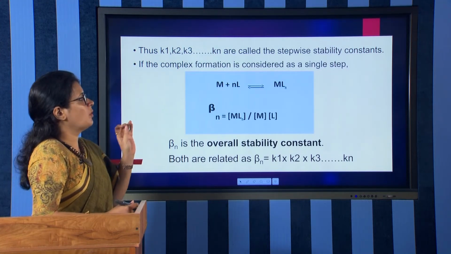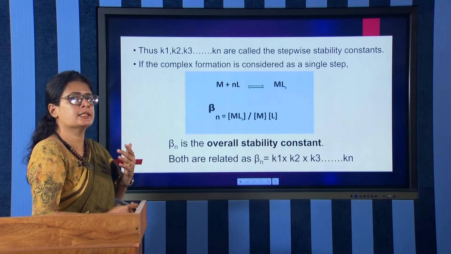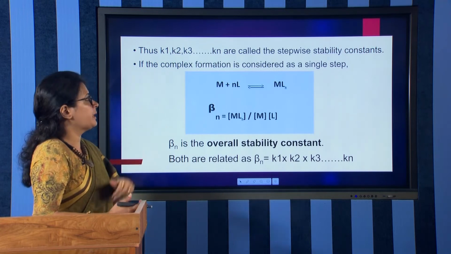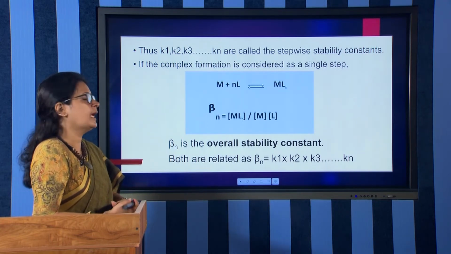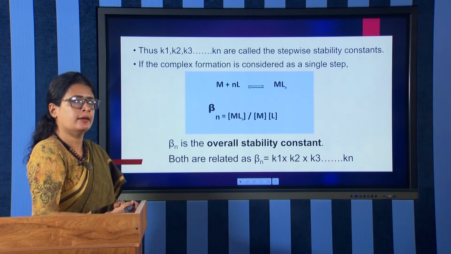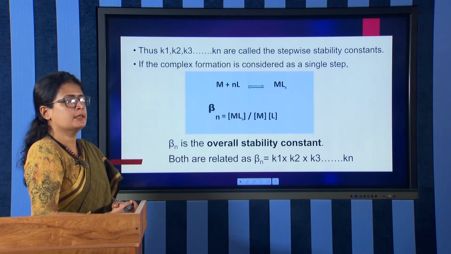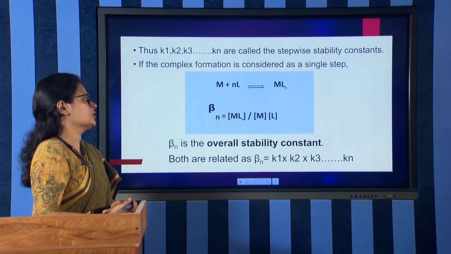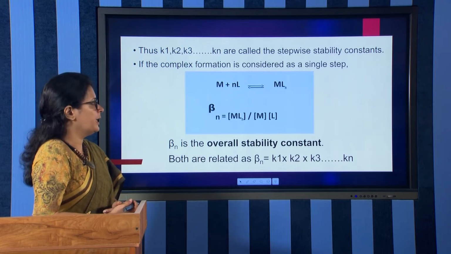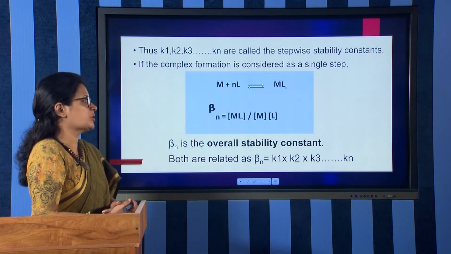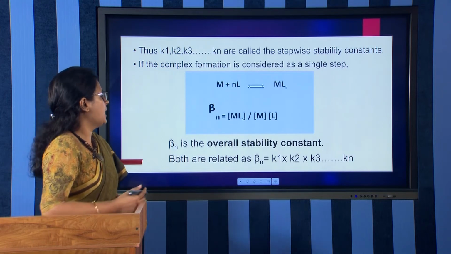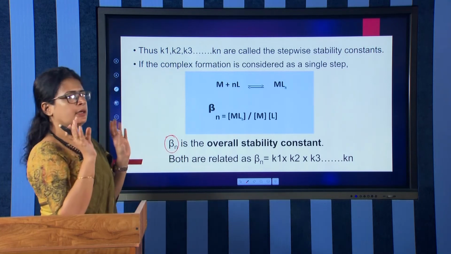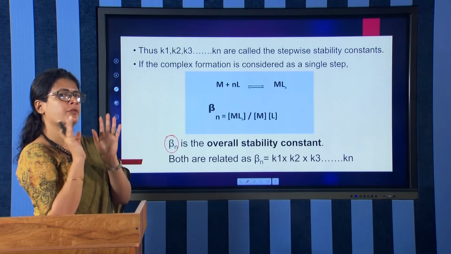But if the complex formation takes place in a single step, it can be represented like this: M plus nL giving MLn. In that case the stability constant can be written as beta n equal to the concentration of MLn divided by the concentration of M into the concentration of L to the n. This beta n is called the overall stability constant, because it represents the stability constant of the overall reaction.